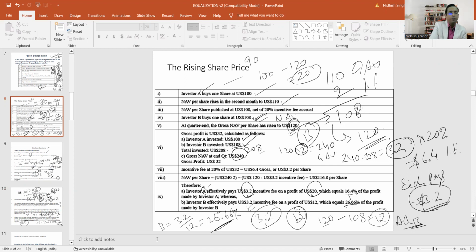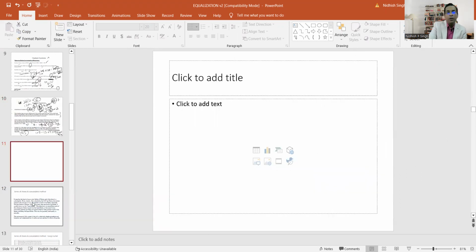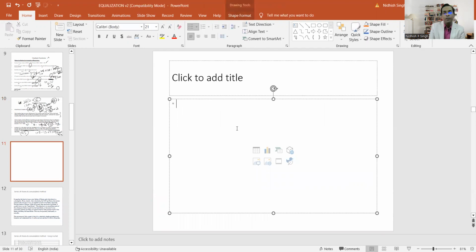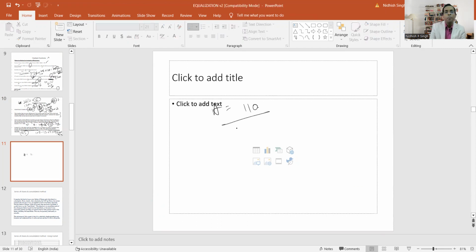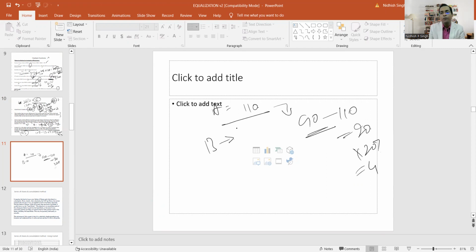So let's take a fair example here. If investor A has paid incentive fee up to 110 and share price goes down to 90, B invests at 90. Again, between 90 and 110, there'll be no incentive fee. So $20 times 20%, the $4 will become the free ride.